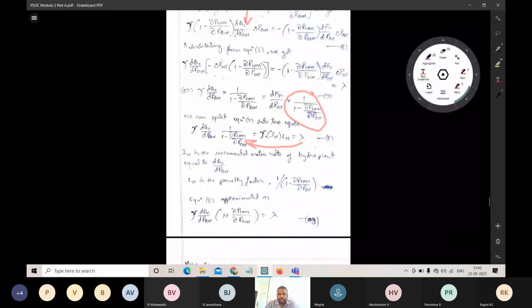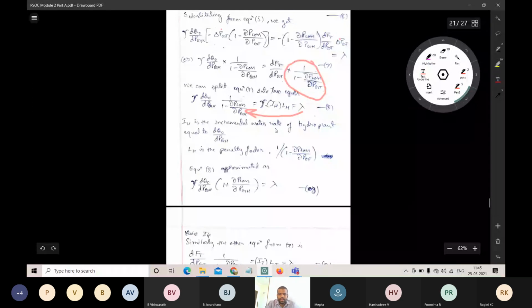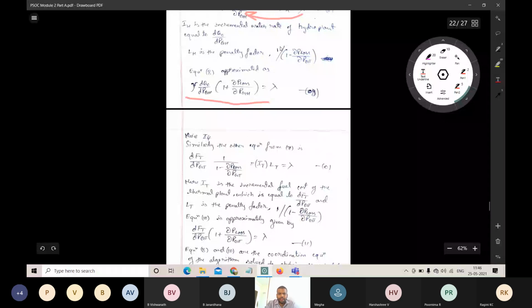I hope you people are getting the concepts. So we need this equation. We got this equation by just resubstituting LH and IH. Similarly, the other equation is from equation 7. Which is 7? This one.